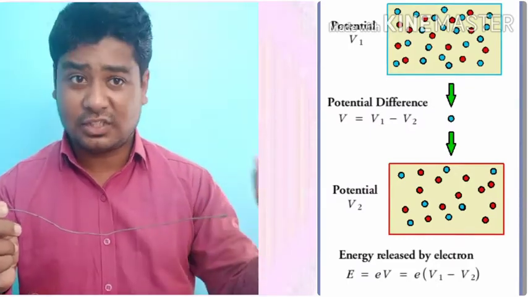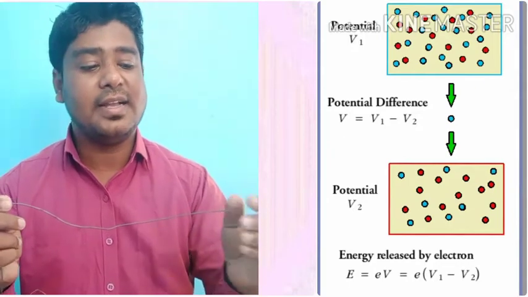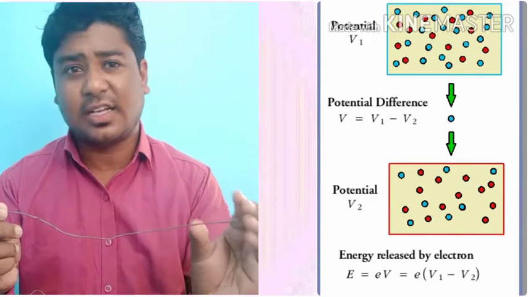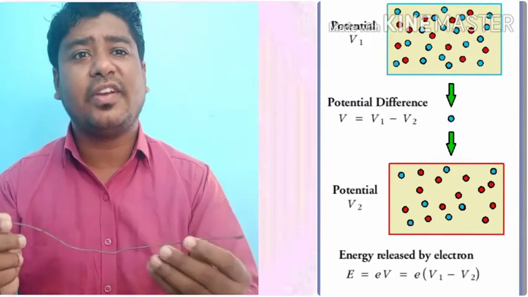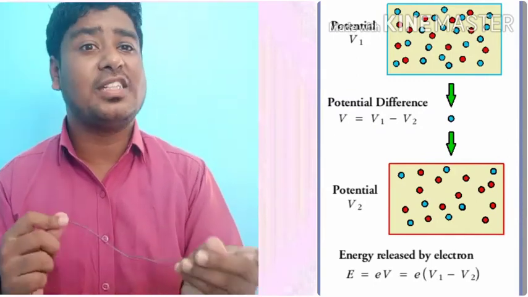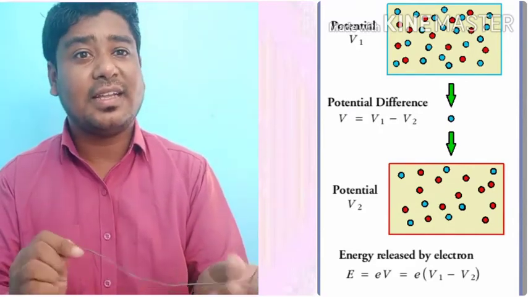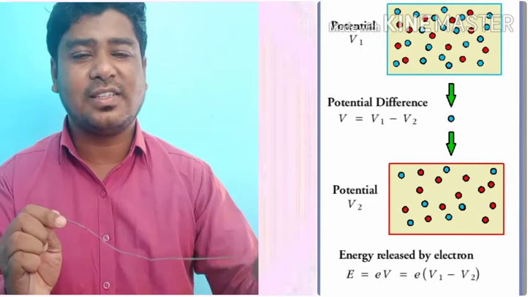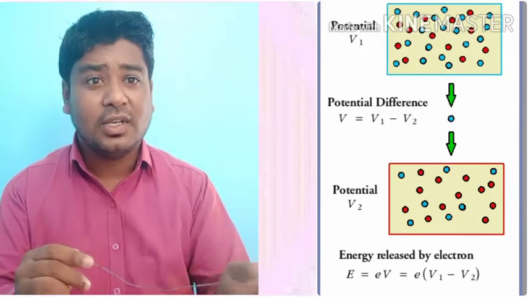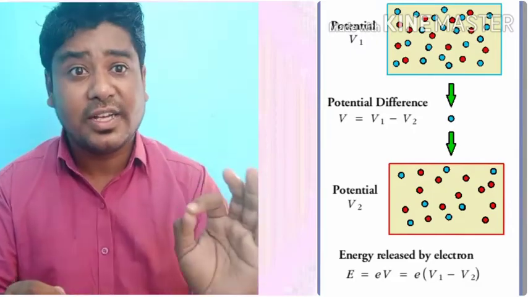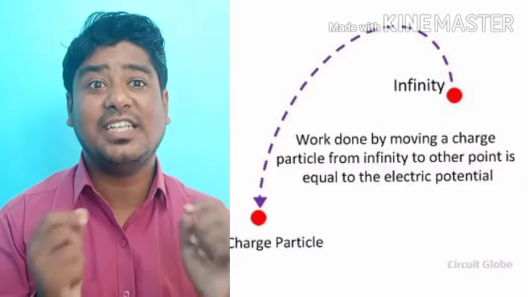You can check the slide beside. Here the charges will be different, and here they are different. So if the potential at A and the potential at B are different, and we take this as V1 and this as V2, the difference V2 minus V1 will be the potential difference.